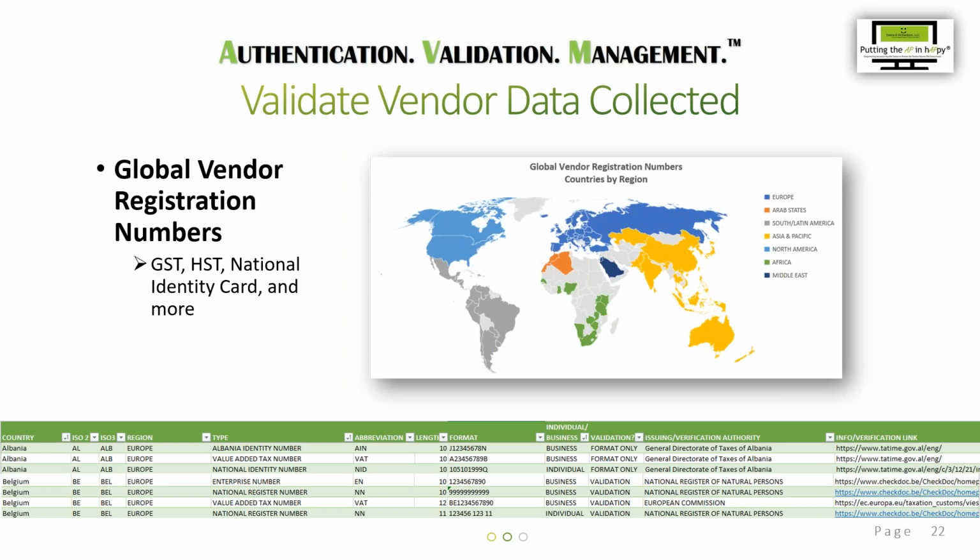Okay. Now, I talked before about the global vendor registration numbers. The vendor validation reference list, that's the free download, includes the most prevalent or frequent validations for US and non-US vendors, but things like GST, HST, National Identity Card, where each country has its own validation source and those numbers have specific formats, that's really not anywhere, and it's really country specific.